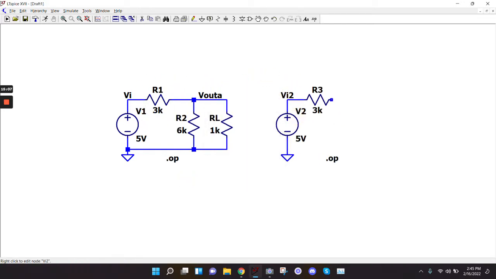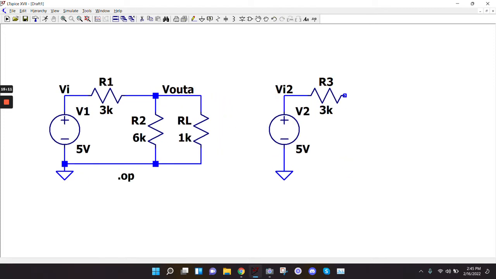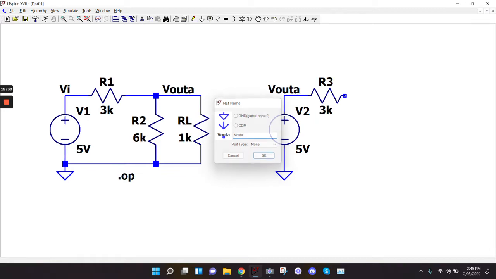VI2. If you're going to do several circuits in the same schematic window, do not label anything the same, because it will think that you want those connected and it will connect them. It won't draw a wire, but in the net list it will connect them. So if I call this VI, it's going to short these two nodes together. Let me call this V out A and show you what SPICE does when I run it.